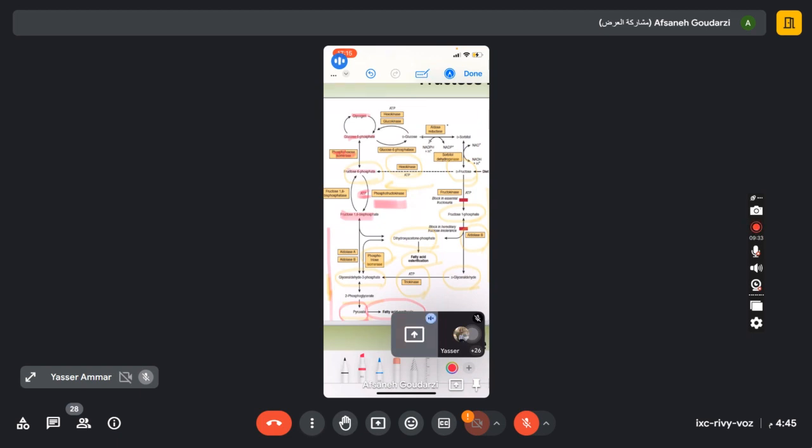The rest of the metabolic pathway is glycolysis. If we look at here, the glucose 6-phosphate could be changed to glucose by which enzyme? Glucose 6-phosphatase, because it removes the phosphate from carbon number 6.